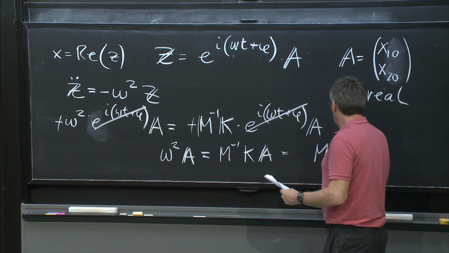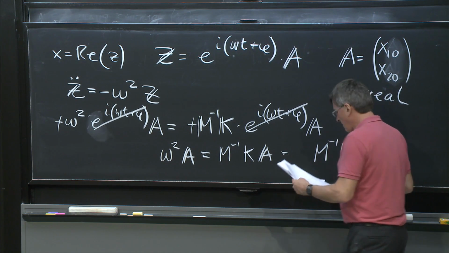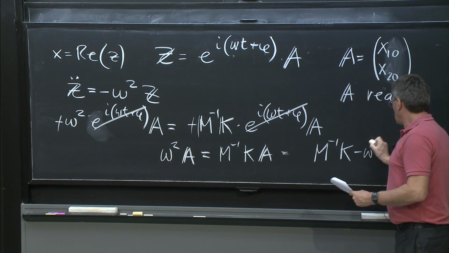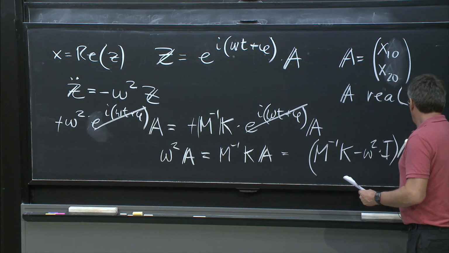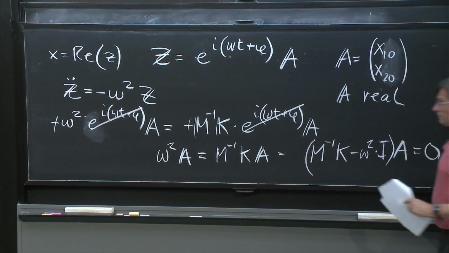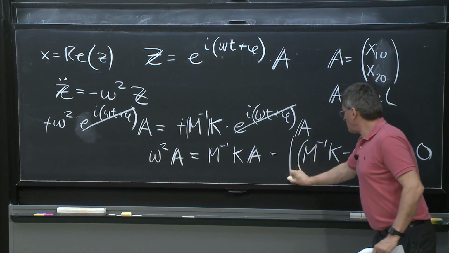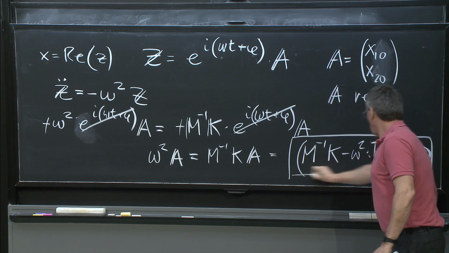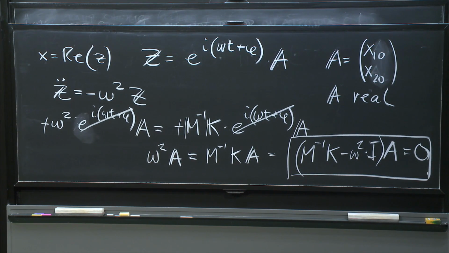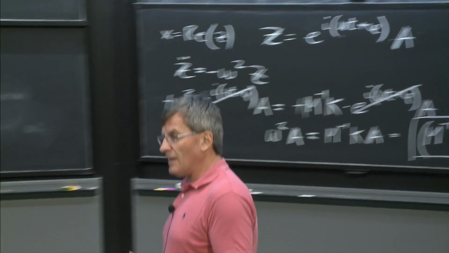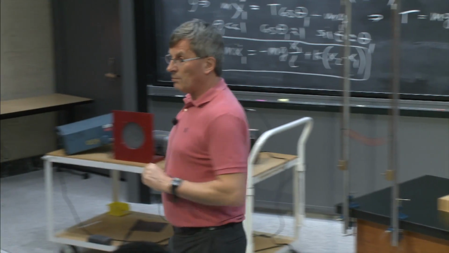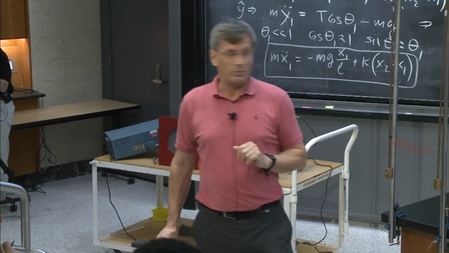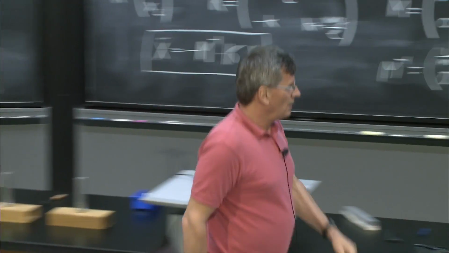So I can rewrite it as minus m to the minus 1 k minus omega squared times the unity matrix times vector A is equal to 0. So this is the equation which we need to solve to obtain the solutions for at least one normal mode. And we expect that there will be two normal modes because we have two masses. Okay?